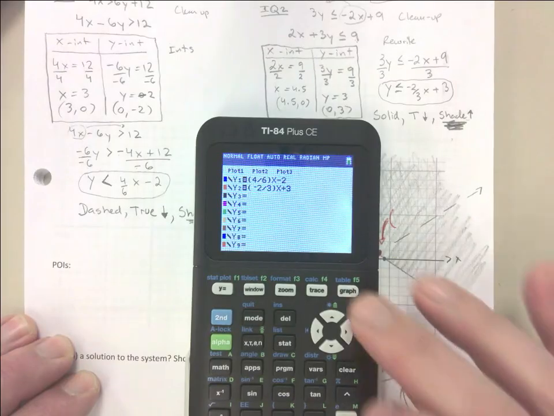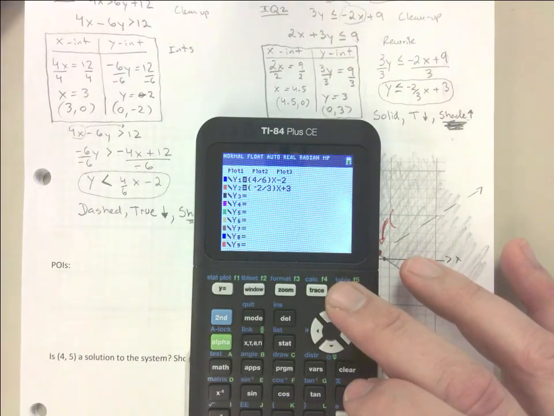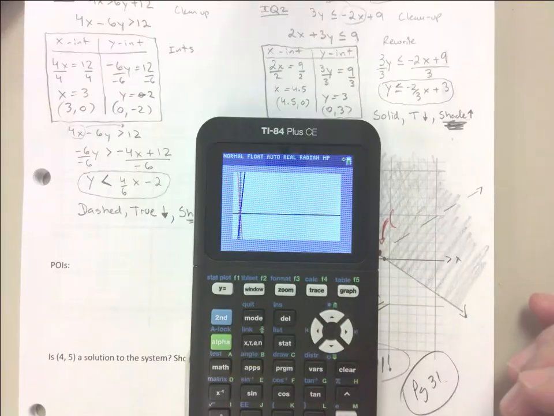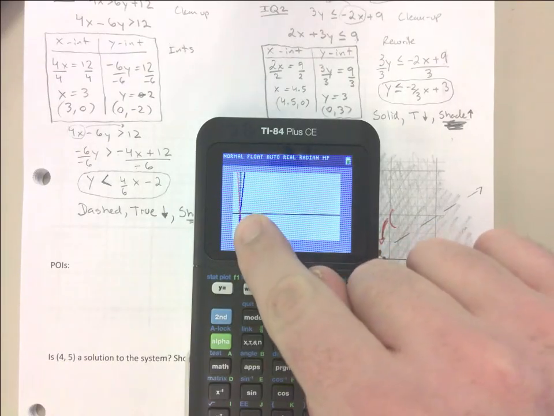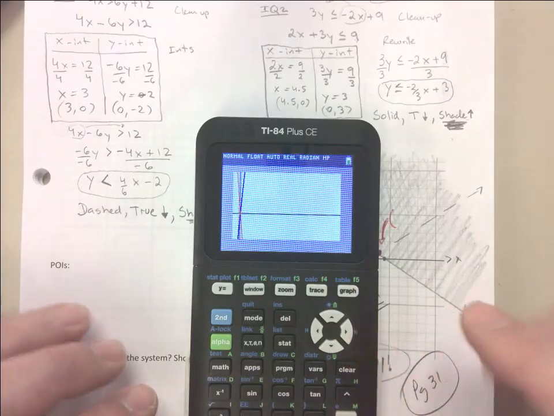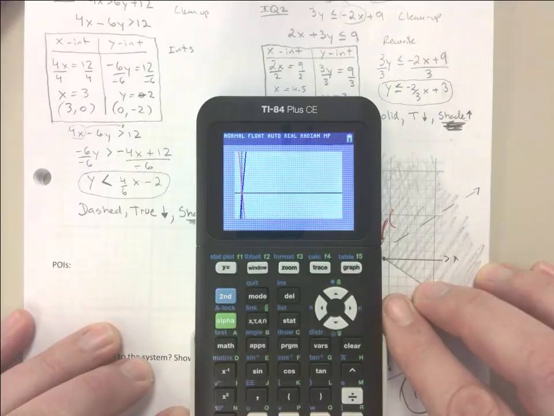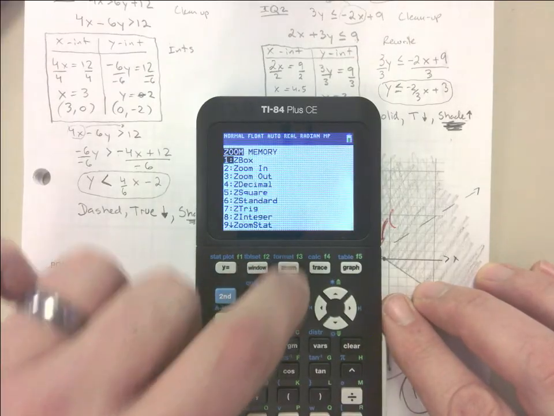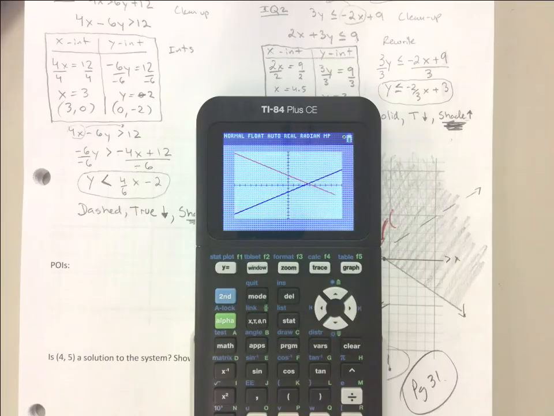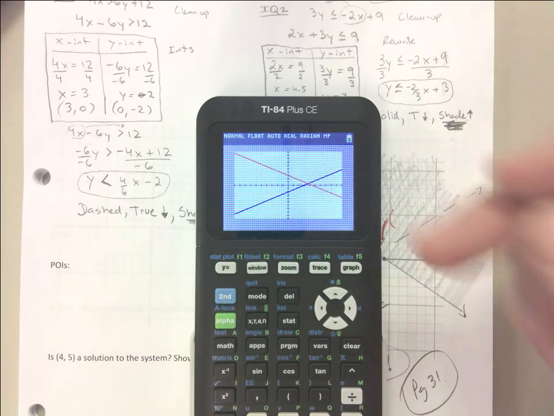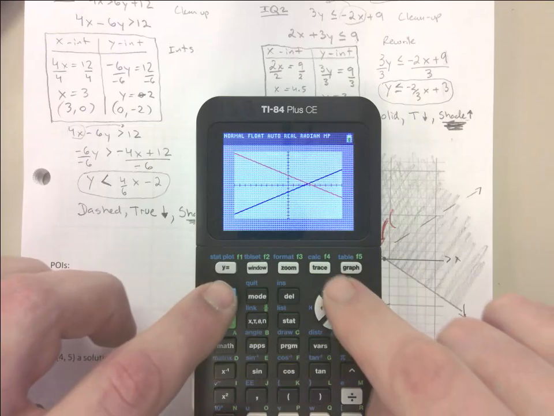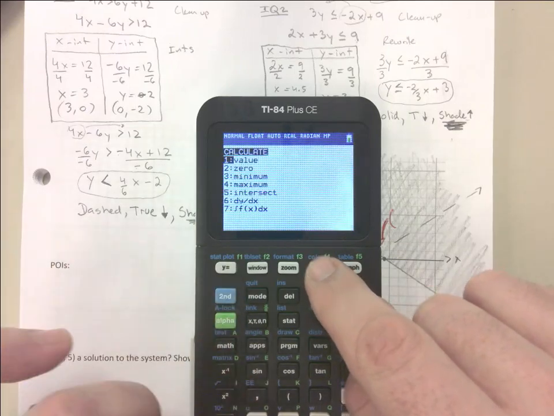Let's go ahead and see if the graph works for me. It's right there. I'm going to zoom standard this. I don't know how else to say it. Go back to a standard zoom, right? And there it is. So let's go find that intersection. Second trace 5.